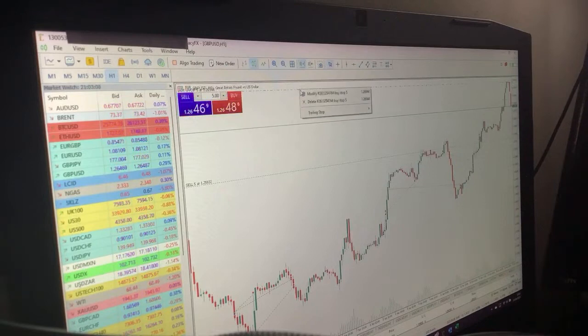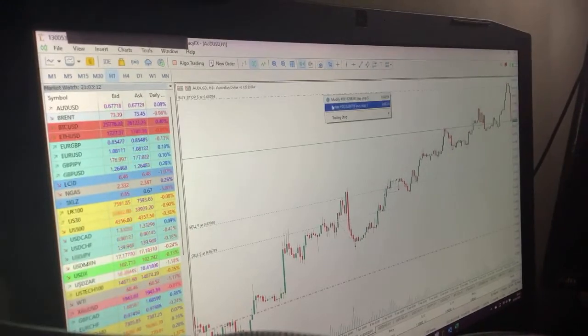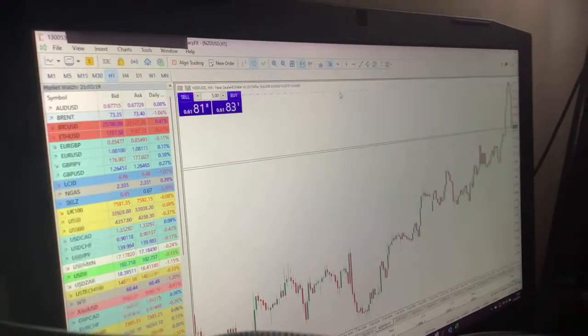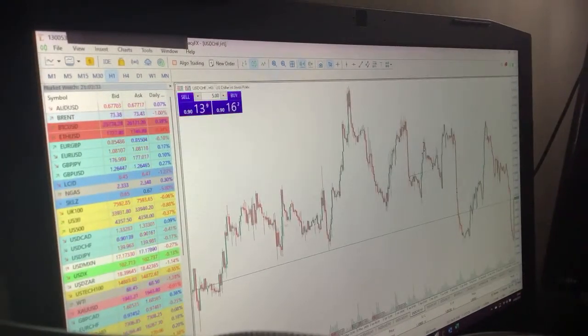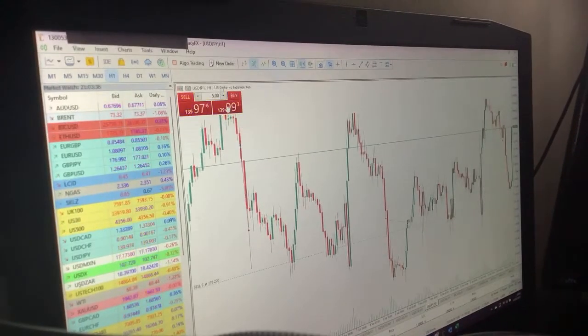We're just going to delete the pending orders, as none of them triggered. The market is going the opposite direction. We got the buy protected, so USD CAD is in profit. USD CHF, buy now. USD JPY, can buy it now.